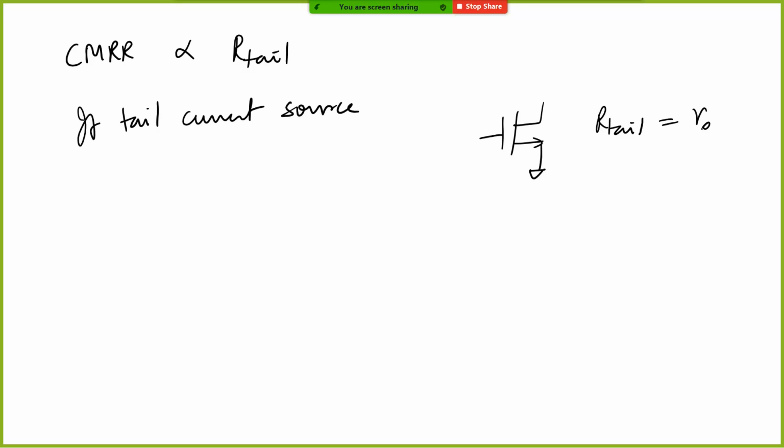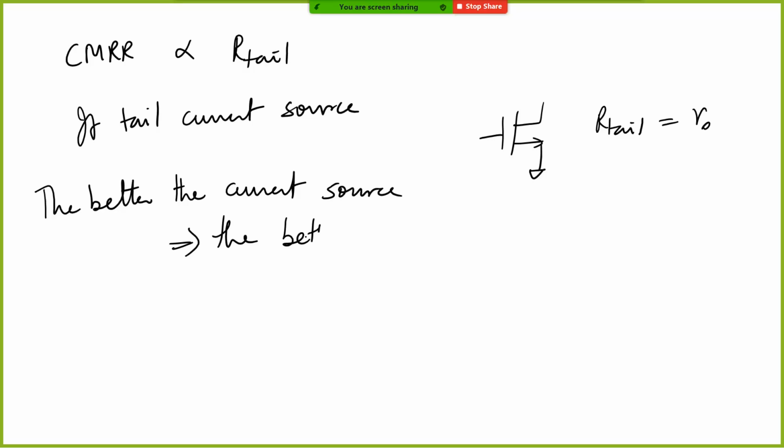So the better the current source, the better your CMRR. If you have a better output impedance for your current source, it improves your CMRR directly. Of course, CMRR also depends on GM, and therefore you can use this.